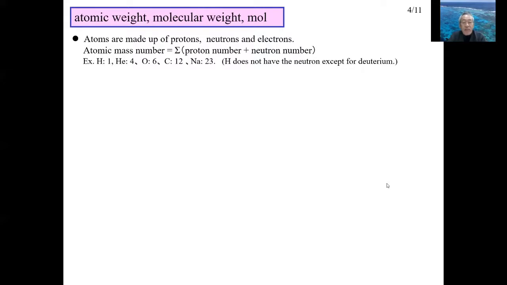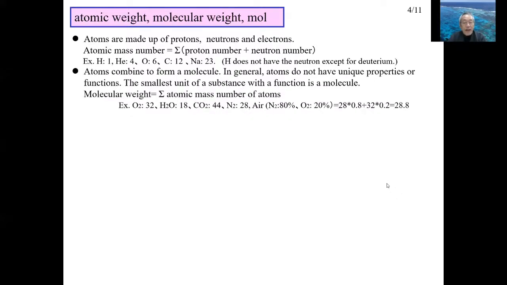Examples of the mass number of a few atoms are shown in this slide. Hydrogen is a little special. Hydrogen has no neutron except deuterium and consists of only one proton, so its mass number is 1.